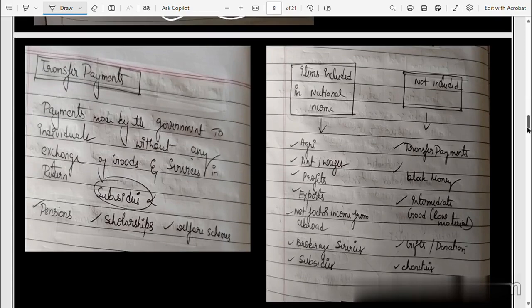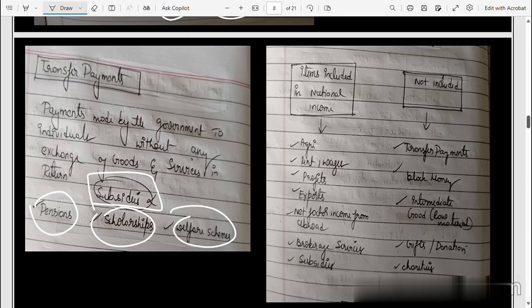Now there's another concept. What are transfer payments? They are payments made by the government to individuals without exchange of goods and services in return. These include pensions for retired persons, scholarships we give for education, and welfare schemes. One thing here, subsidies are not included in transfer payments.